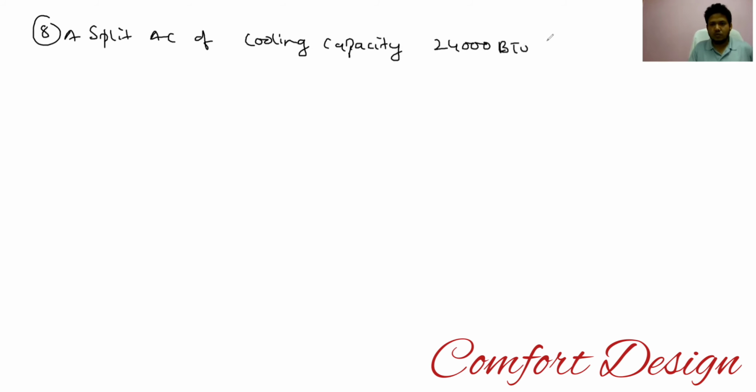Eighth number. Split AC of cooling capacity 24,000 BTU per hour draws a power of 2.8 kilowatt.